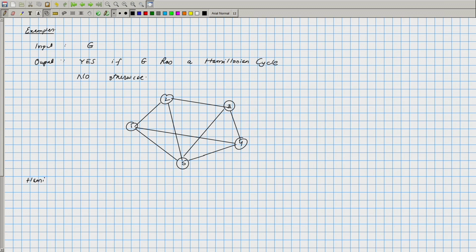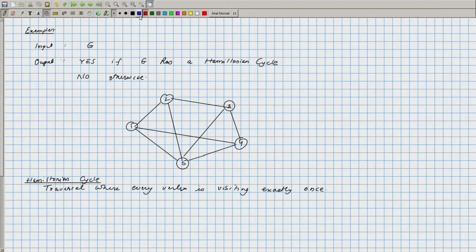So, a Hamiltonian cycle is a traversal where every vertex is visited exactly once. You can ignore the fact that if you start at a vertex, you come back to the vertex. When you come back to the same vertex, that is just counted as once. So, you start at a vertex, keep on traversing and come back to the same vertex.